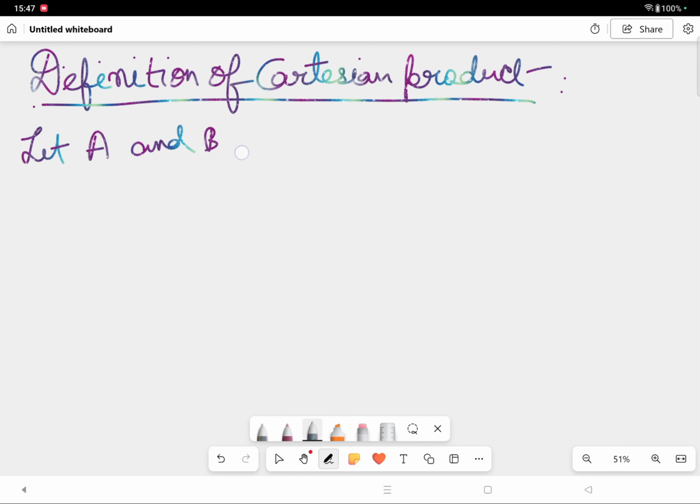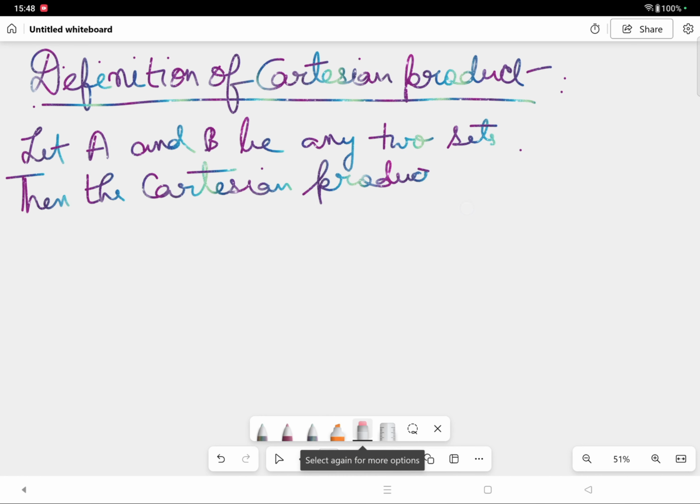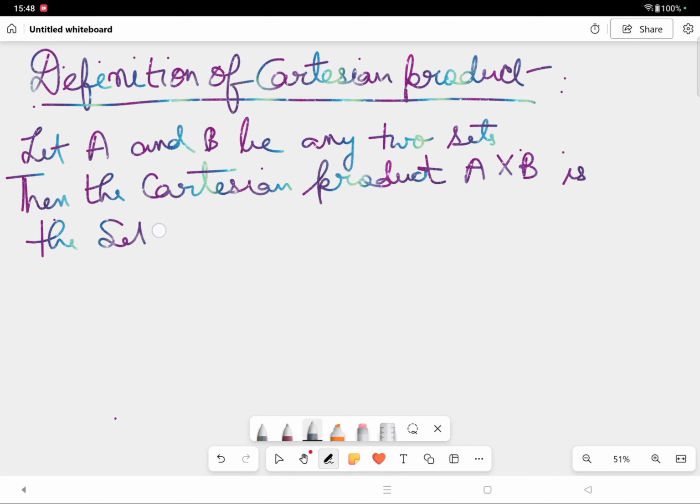Let A and B be any two sets, then the Cartesian product A cross B is the set of all ordered pairs.